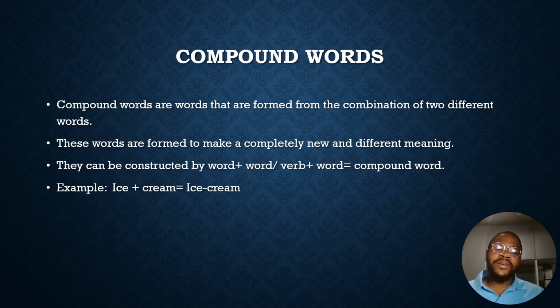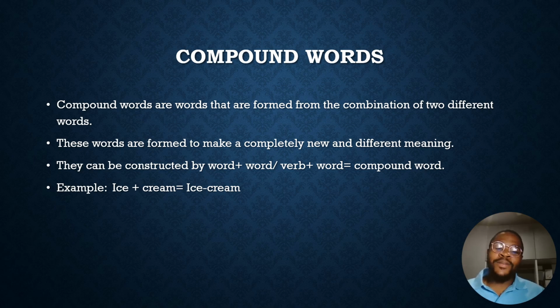Compound words are words that are formed from the combination of two different words. We take word number A, we take word number B, we put them together, and we form word number C. So we combine. We just take 1, 2, we put them together, and they give us 12.